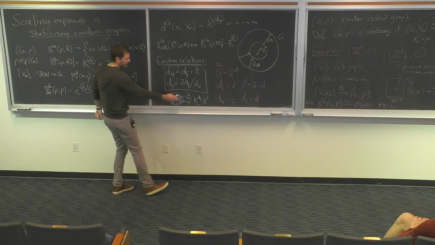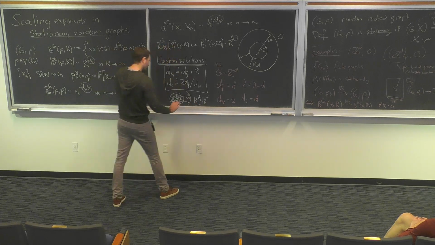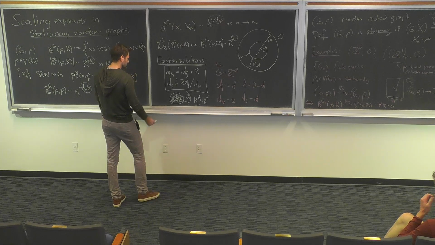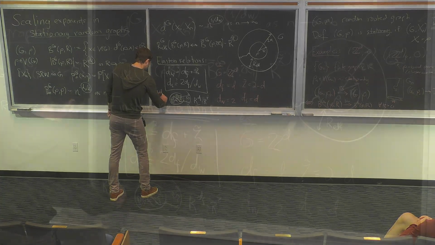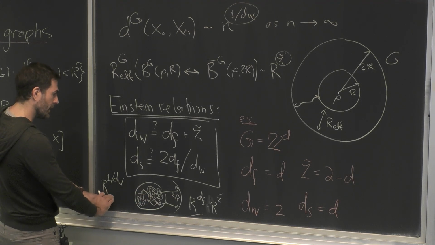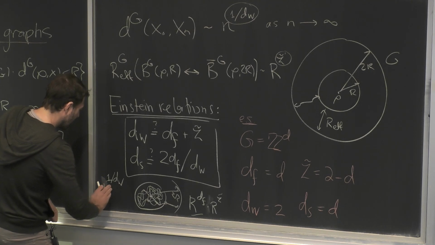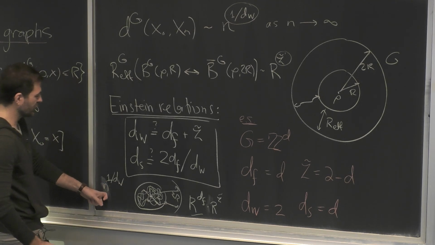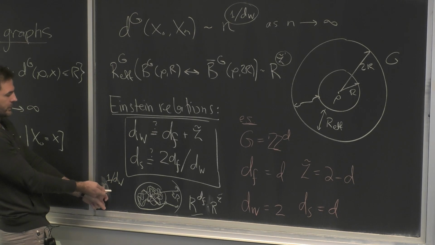So if it takes me about this much time, sorry, I should have written this. If I run the walk for n steps, then I will expect to be roughly within a ball of radius n to the 1 over the walk exponent.